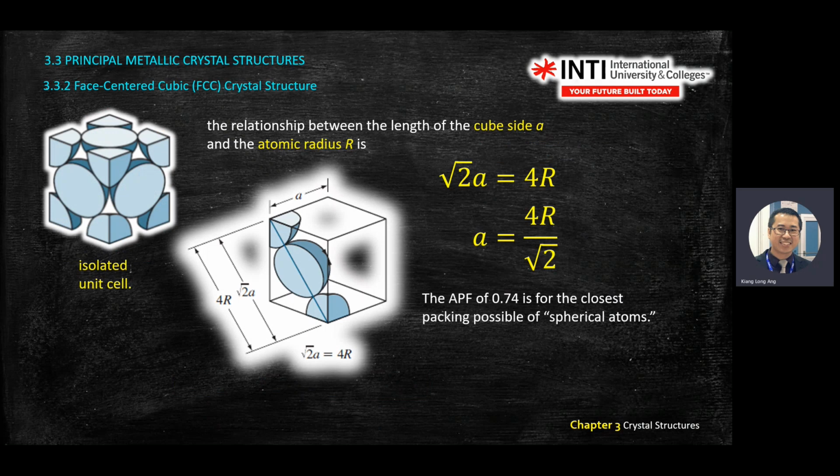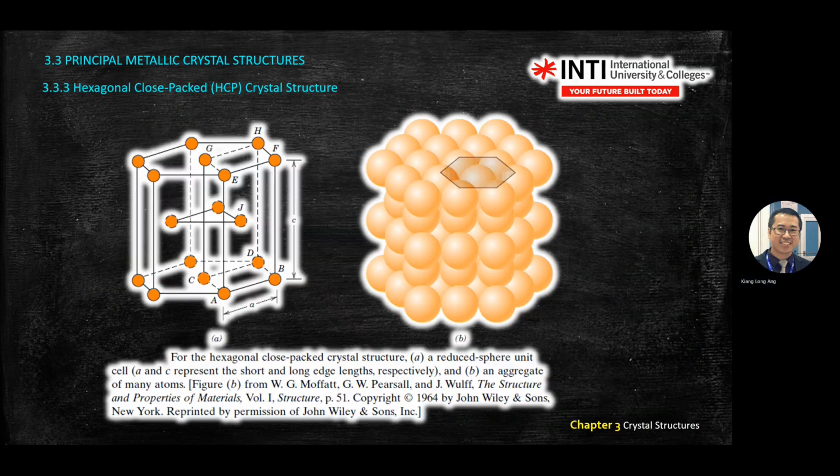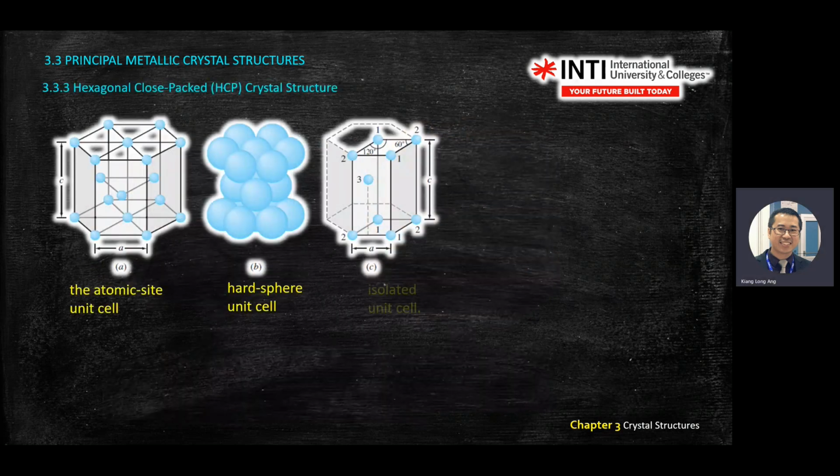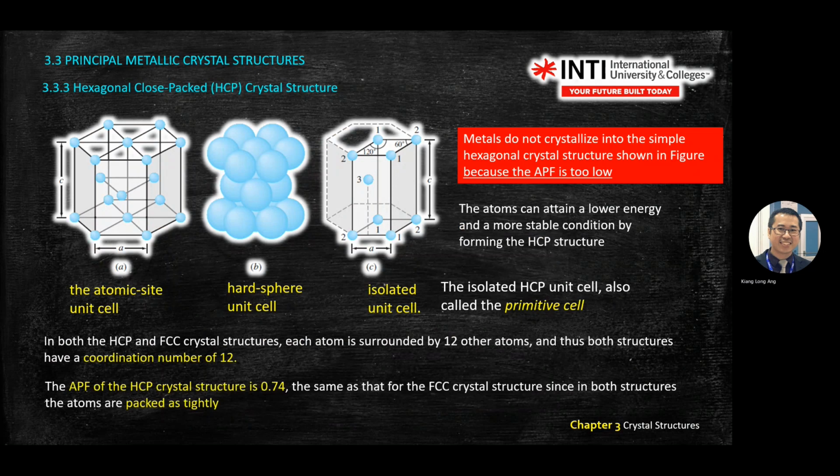Coordinate number is, for one atom, how many atoms surround that particular atom inside the structure. That one later I will explain. APF for HCP, remember this number, 0.74. I won't ask you to prove it, but it's good to remember this number.